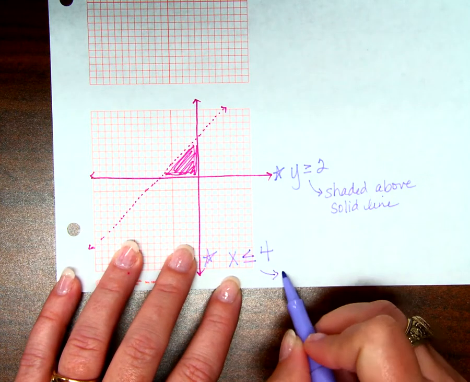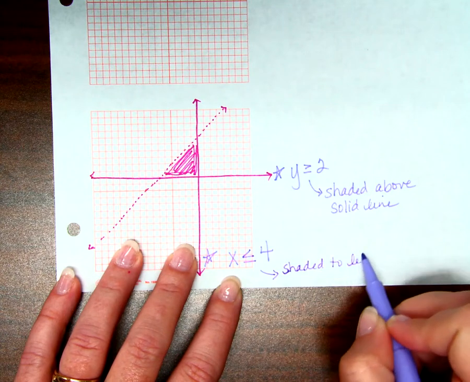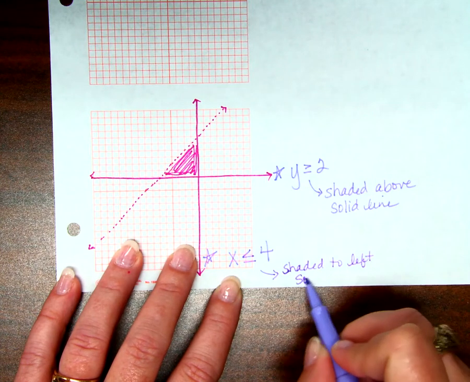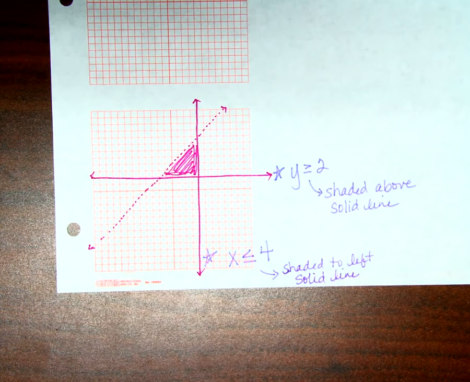So it's shaded to the left, and it's a solid line. So shaded to the left gives me the less than, the solid line gives me the or equal to. Everybody okay with that? Okay.